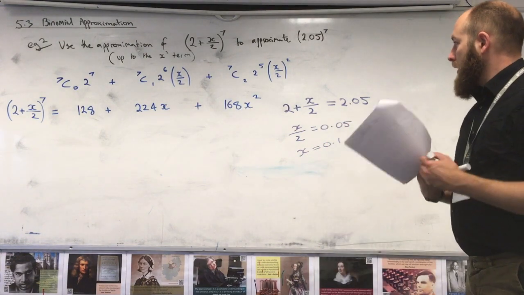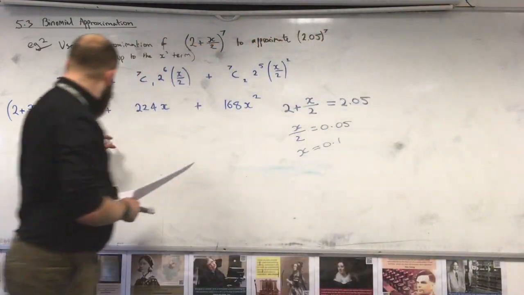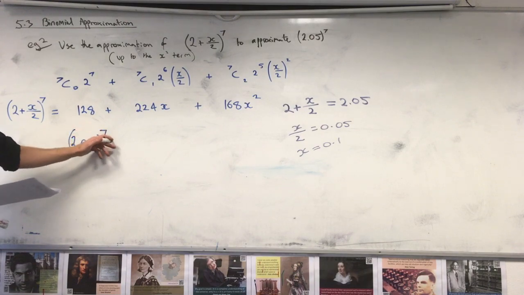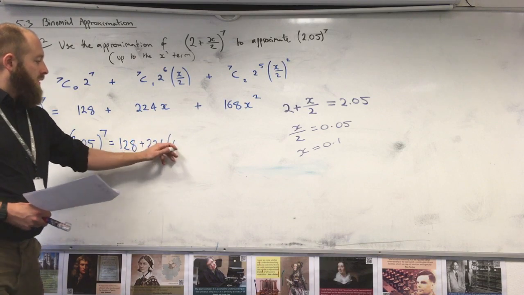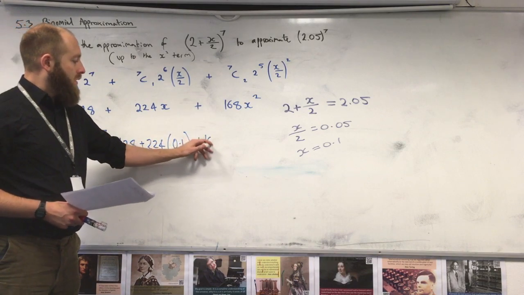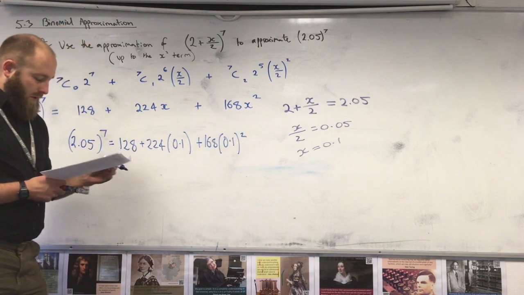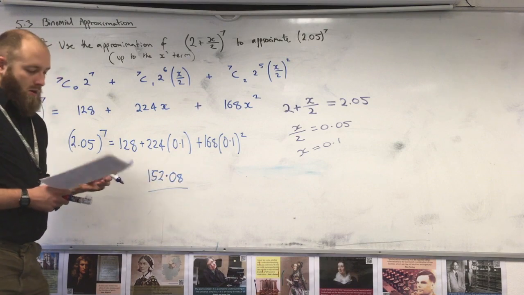So make x 0.1, and we've got a good approximation to 2.05 to the 7. And that will give us 152.08.